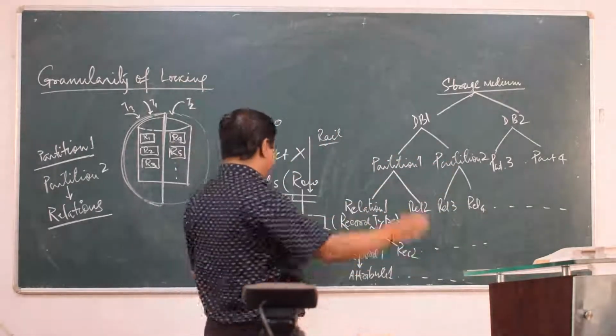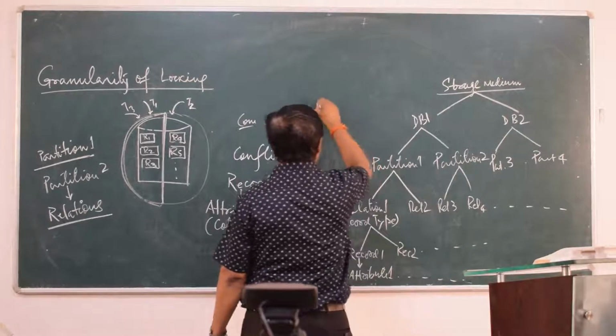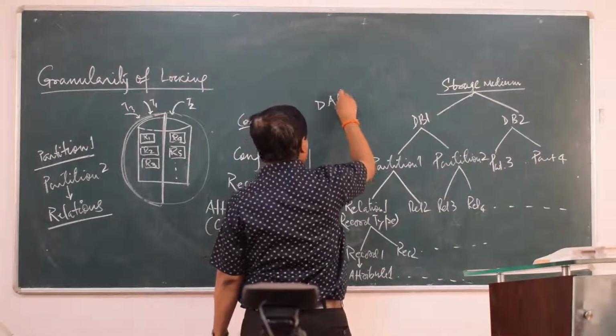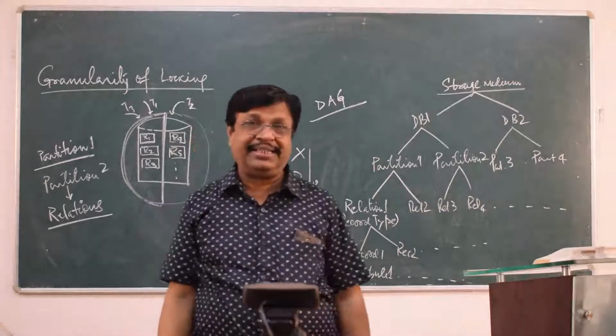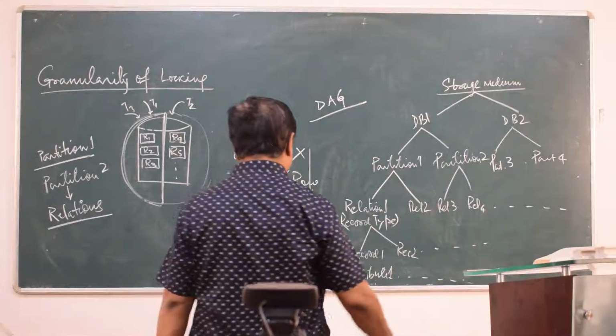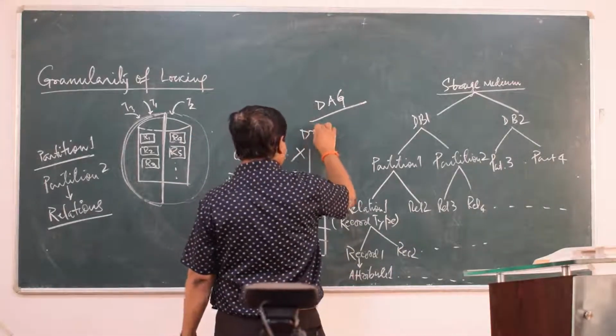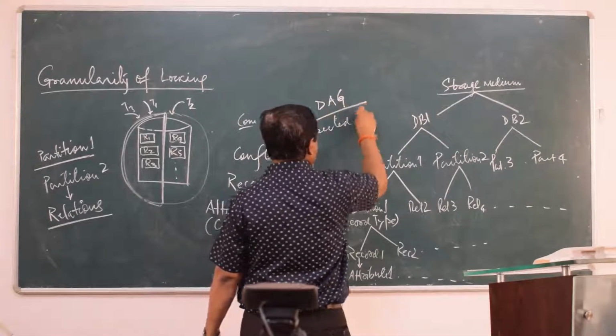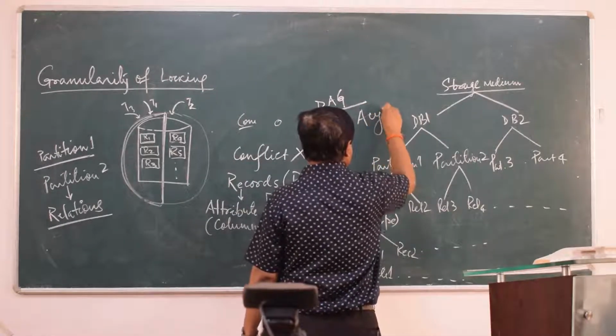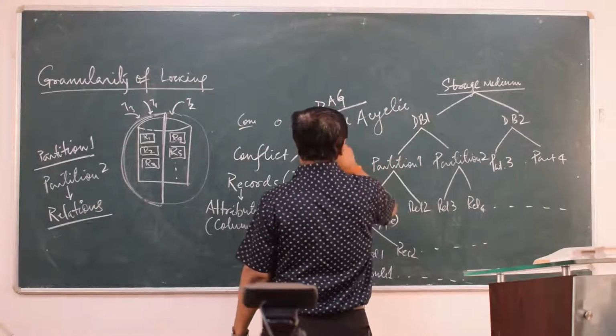Granularity of locking scheme, and it is also called DAG, directed acyclic graph. What is it called? Directed acyclic graph.